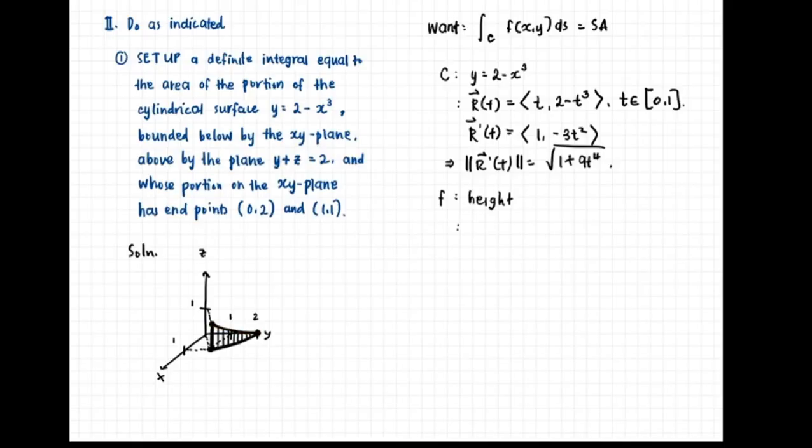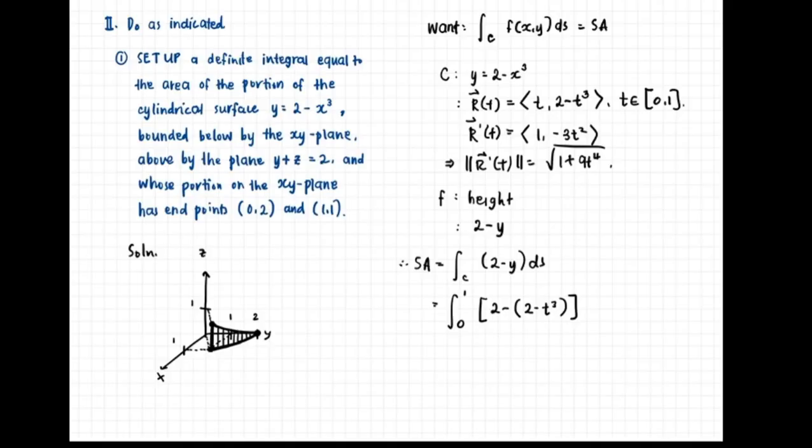So that would be 2 minus y. So this is our function f of x, y. And so the surface area is equal now to the integral over C of 2 minus y ds. And again, this is equal now to the integral where t is from 0 to 1. 2 minus y will now be 2 minus t cubed.